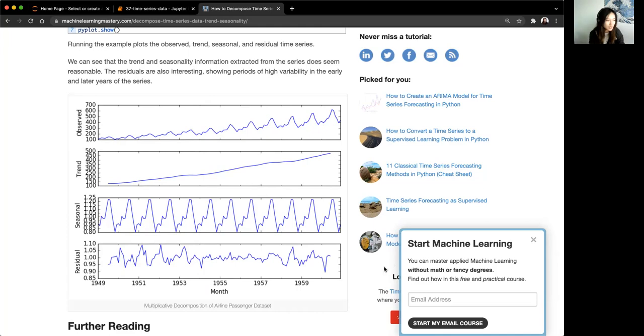And this is just a residual. Because it's also multiplicative, anything along the line of 1 means it's just as is. So for example, down here where it goes down is sort of an unexplained downward shock in the data.